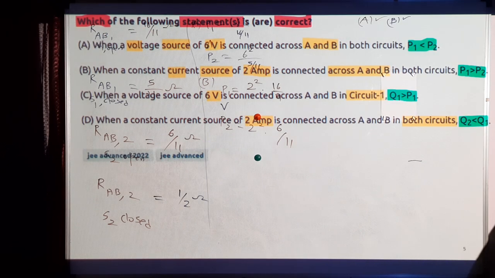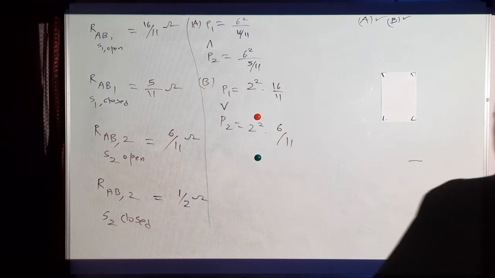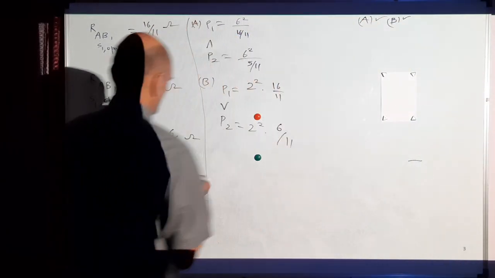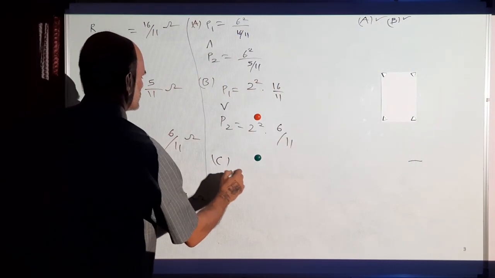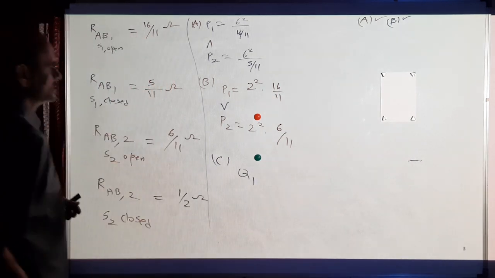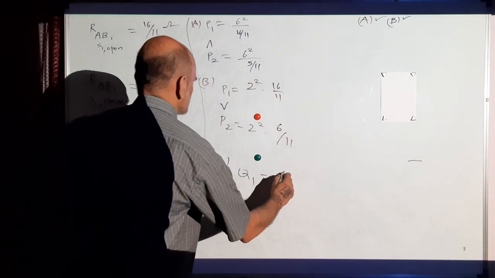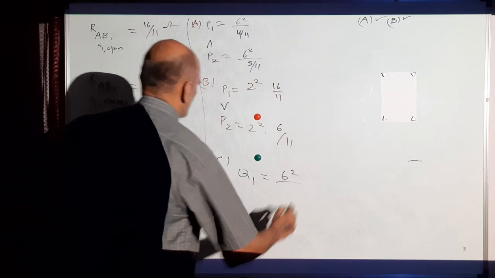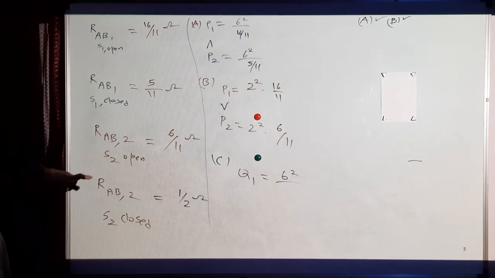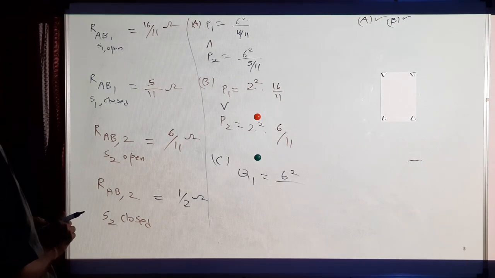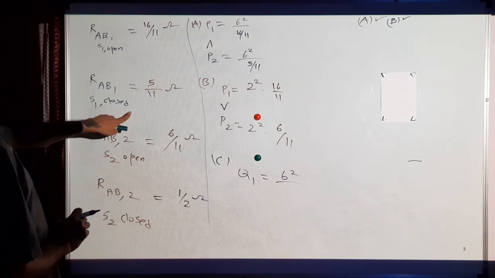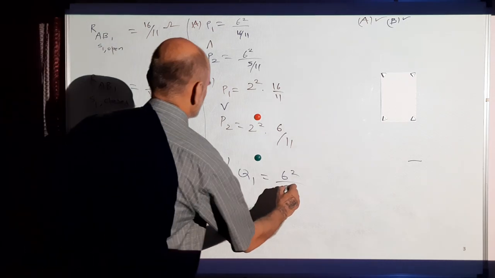For statement C, when 6 volts is connected across A and B, you have to compare Q1 and P1. To find Q1, the voltage source of 6 volts is connected, so V square by R, when the switch is closed. For the first circuit, it's 5 by 11.